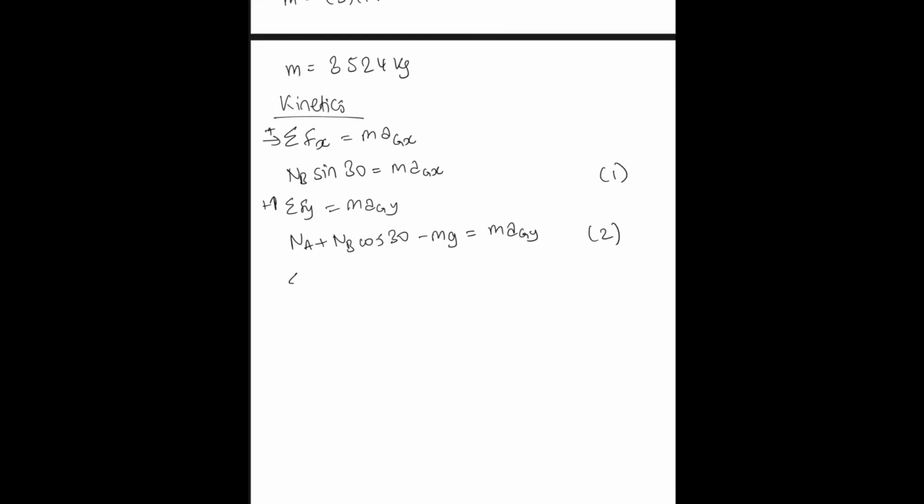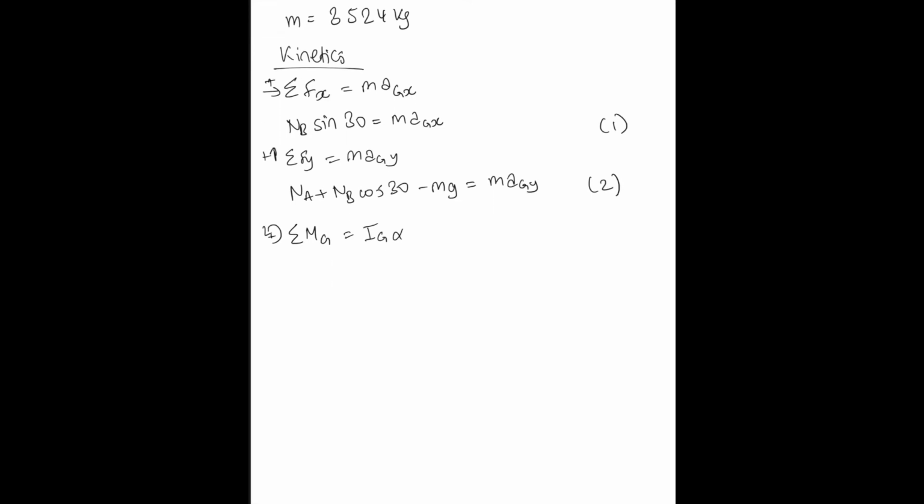Now we're going to do sum of moments around G. Our sum of moments around G is going to be equal to IG multiplied by alpha, the angular acceleration. And to find the rotational inertia about G, we're going to treat it as a flat plate rotating around the z-axis.